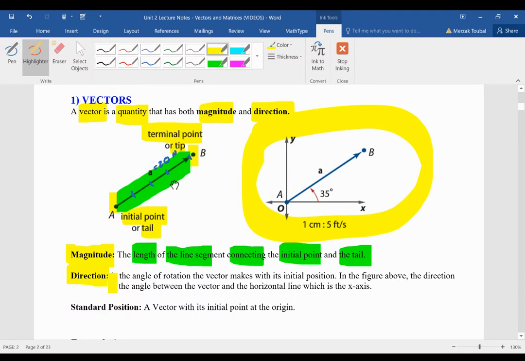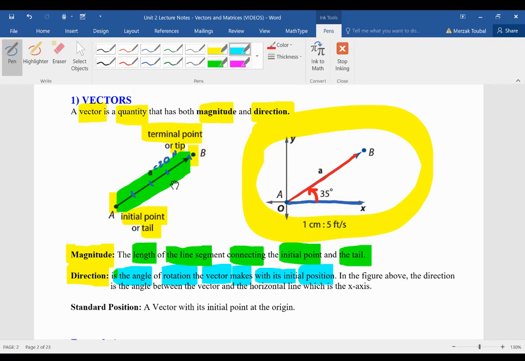So direction is the angle of rotation the vector makes with its initial position. So this would be the initial position, and this is the terminal position of the vector, and this would be the angle of rotation. In this case, it's 35 degrees.